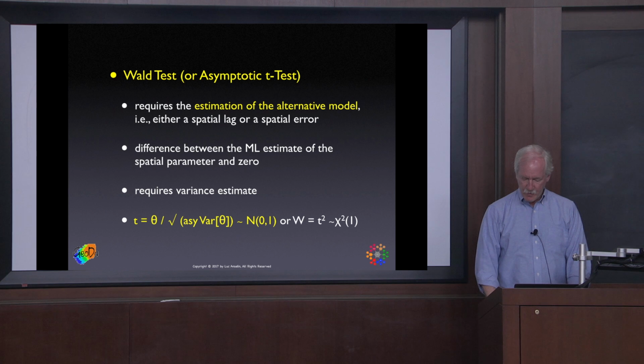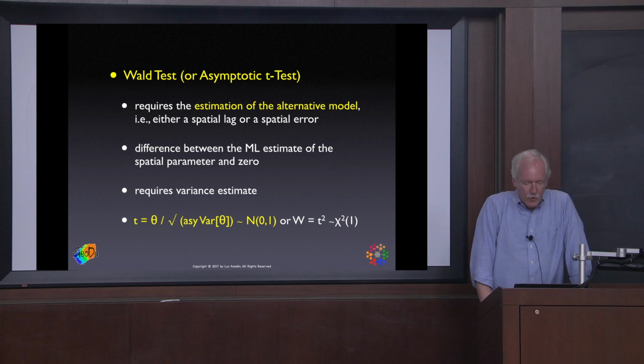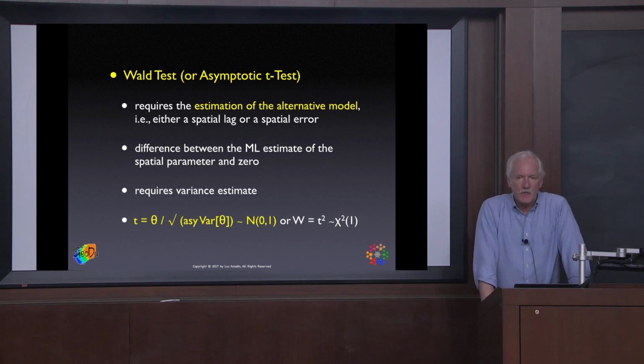So just to recap, the Wald test is a t-test. Just to think about it, what does this require? It requires you to actually estimate a spatial model. So you estimate the spatial lag model like we did last week, maximum likelihood estimate.